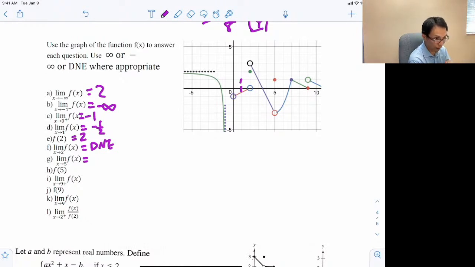Maybe 1? No. Think again. You try again, it's okay. F of 5 is 1. So let's look at the solid dots. What's the limit as x approaches 5?